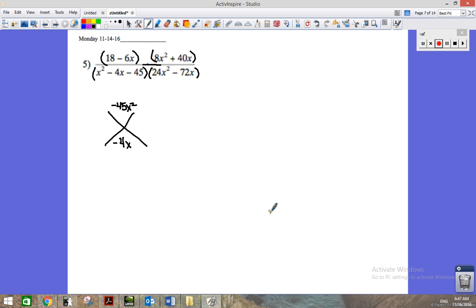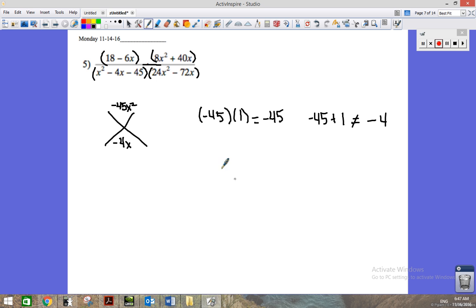Two numbers that multiply together to give me negative 45, but add together to give me negative 4. So I might have to do some trial and error here. I know since the bottom number there is negative, I want the larger of these two numbers to be negative. And here's two numbers that multiply together to give me negative 45, but they do not add together to give me a negative 4.